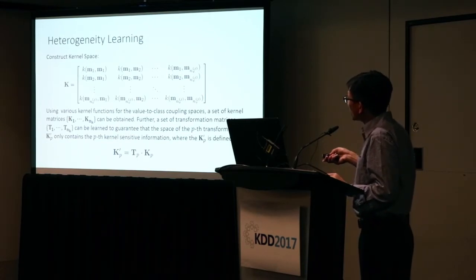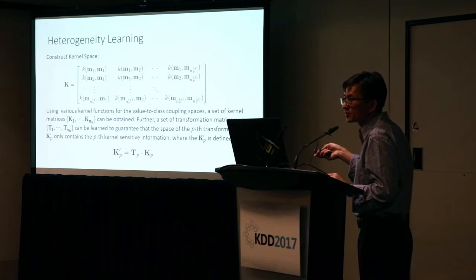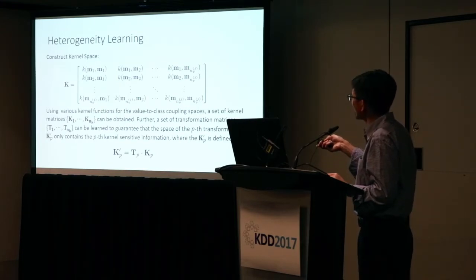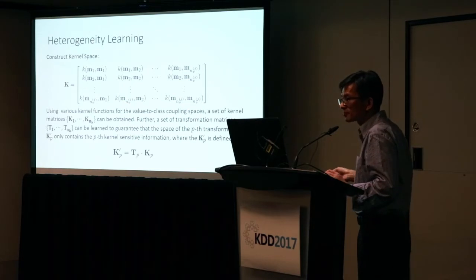So you can have different ways to do the kernel and have different kernels. In general, this is a kernel space, isn't it? You can have many different kernels depending on how many kernel functions you use, right?